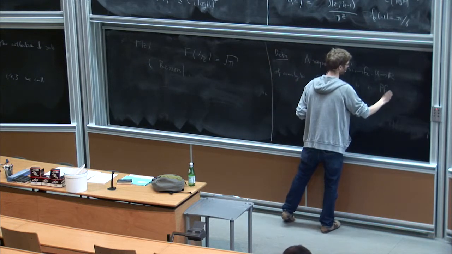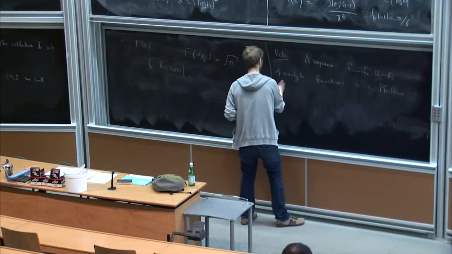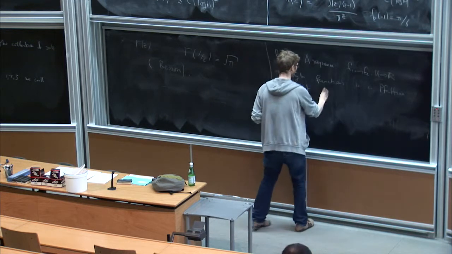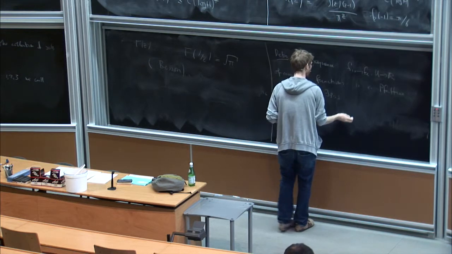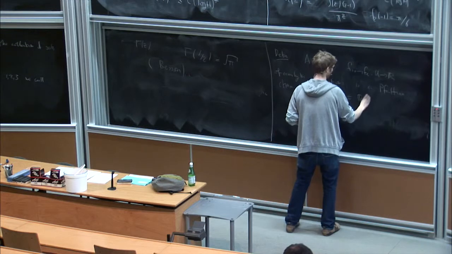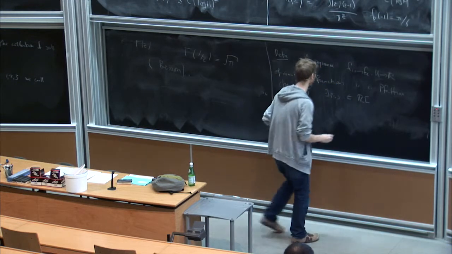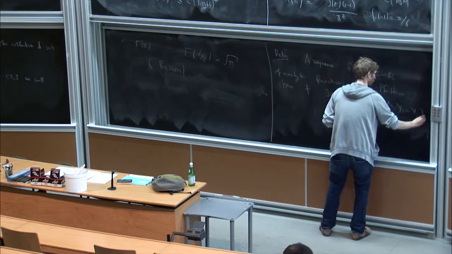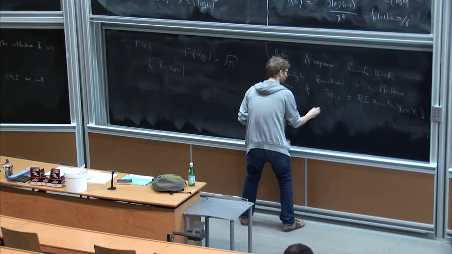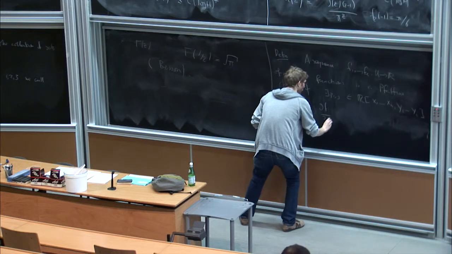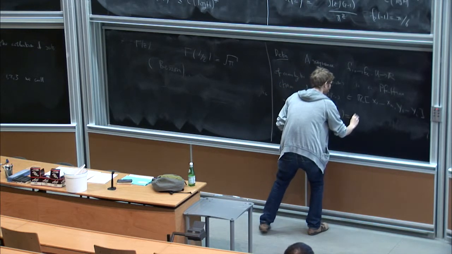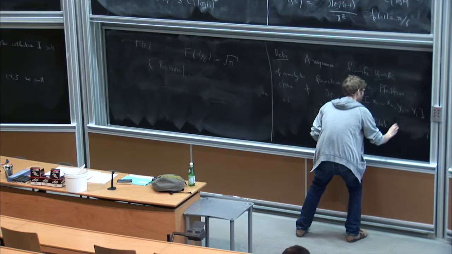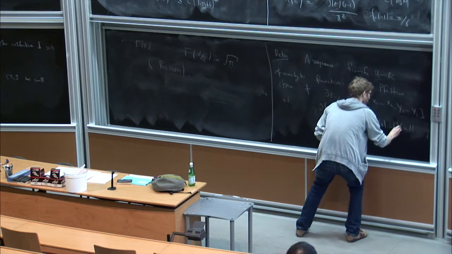Is a Pfaffian chain if there exist polynomials P_ij in n plus i variables such that df_i by dx_j is P_ij of x, f1 of x, up to f_i of x.